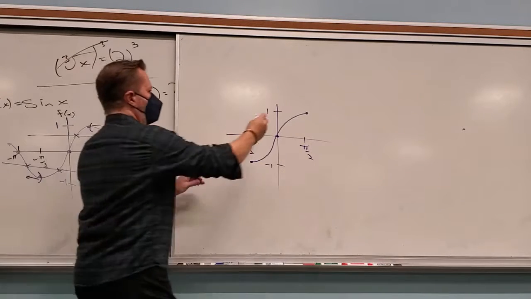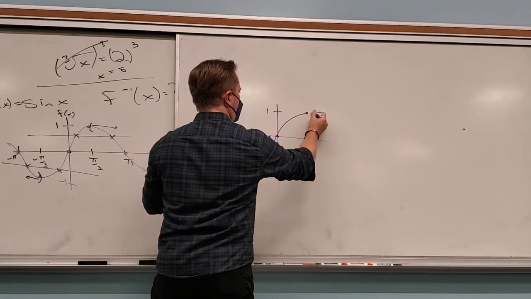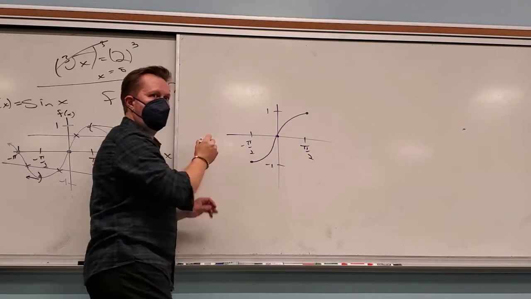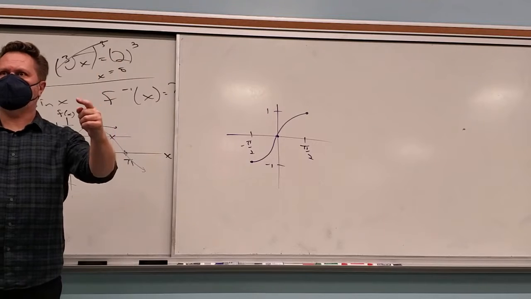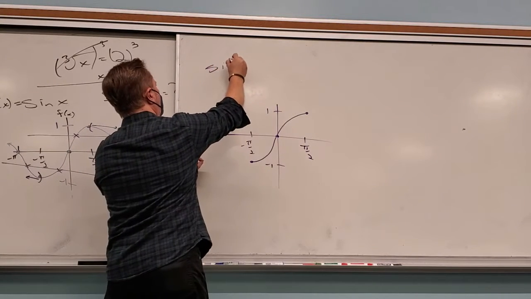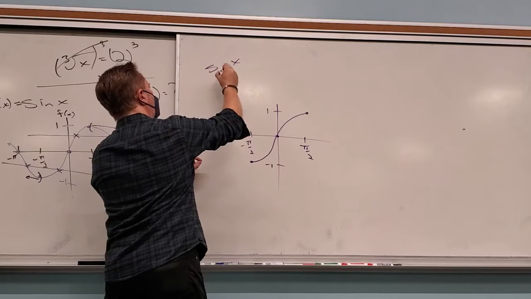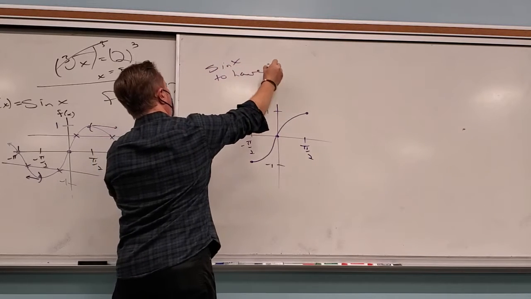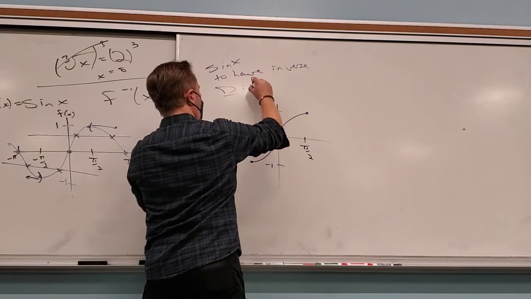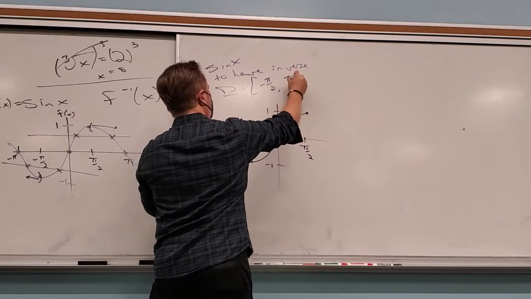If I let it go a little bit past here, it kind of curves back on itself. So I have to chop it right there. So for sine to have an inverse, I must restrict the domain to negative pi over 2 to pi over 2.